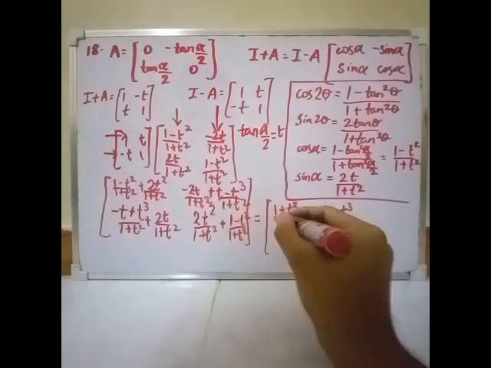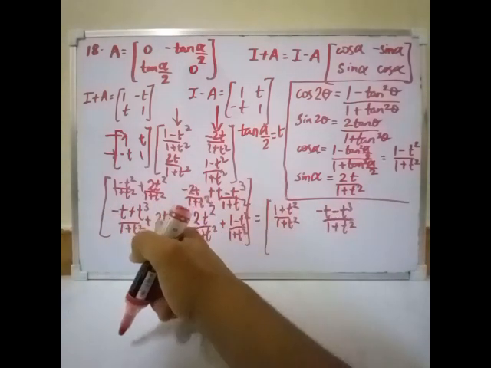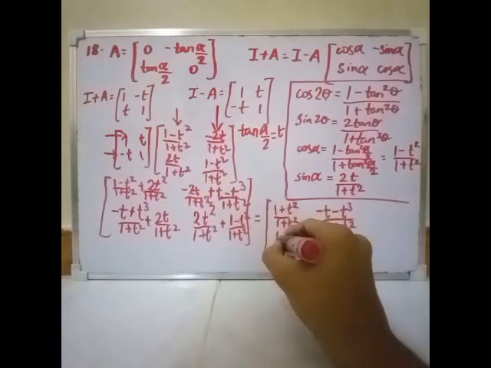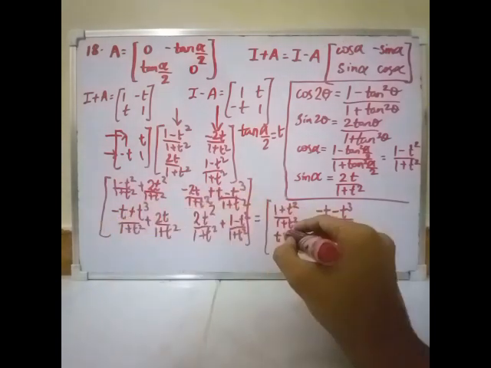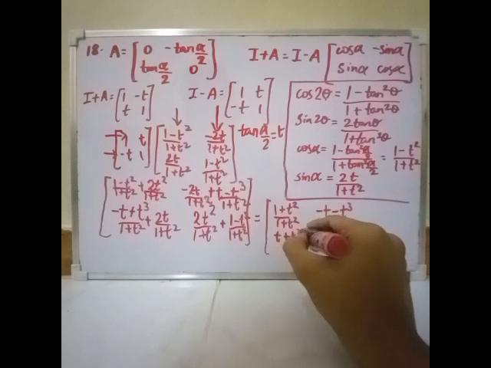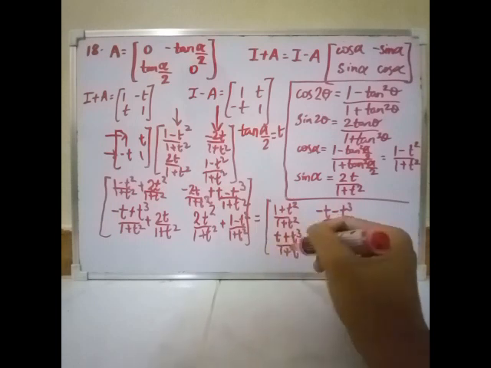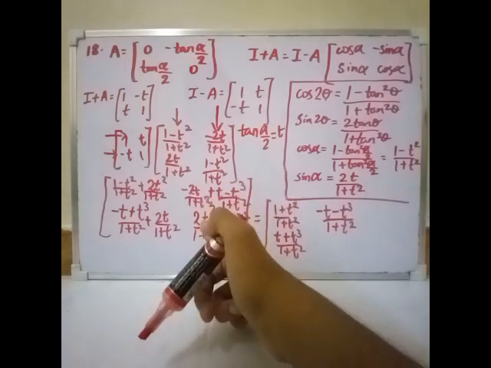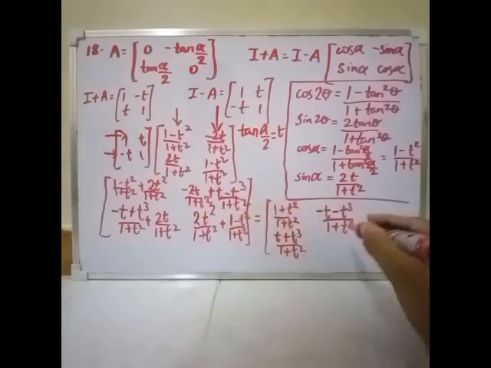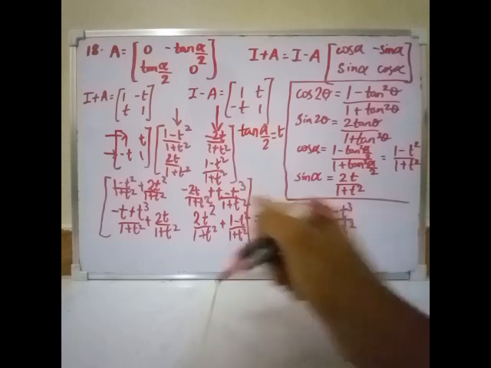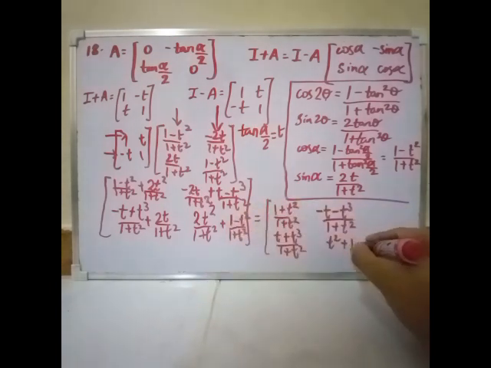Now minus t plus 2t, that is 2 minus 1 is 1, so plus t, and t cubed by the denominator. Then 2t squared minus t squared would be 1t squared, and 1 is also there, so t squared plus 1.